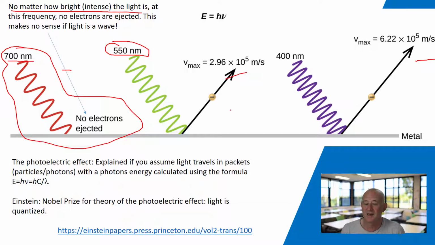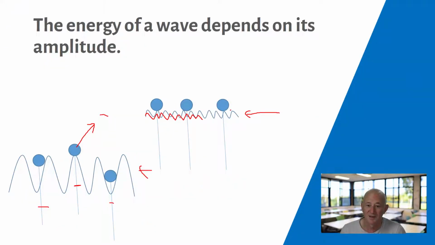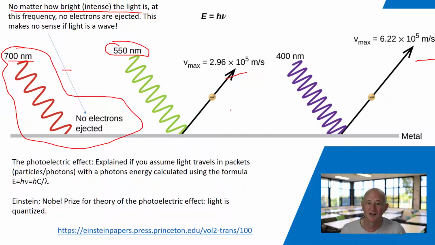This is the issue that Albert Einstein grappled with, and the only way that he could figure out that it made any sense is if you said, well, light doesn't actually behave as a wave, at least not in this instance. It's not behaving like these guys. It's behaving like light is actually in little packets, and those packets are called quanta, because it's a discrete unit.